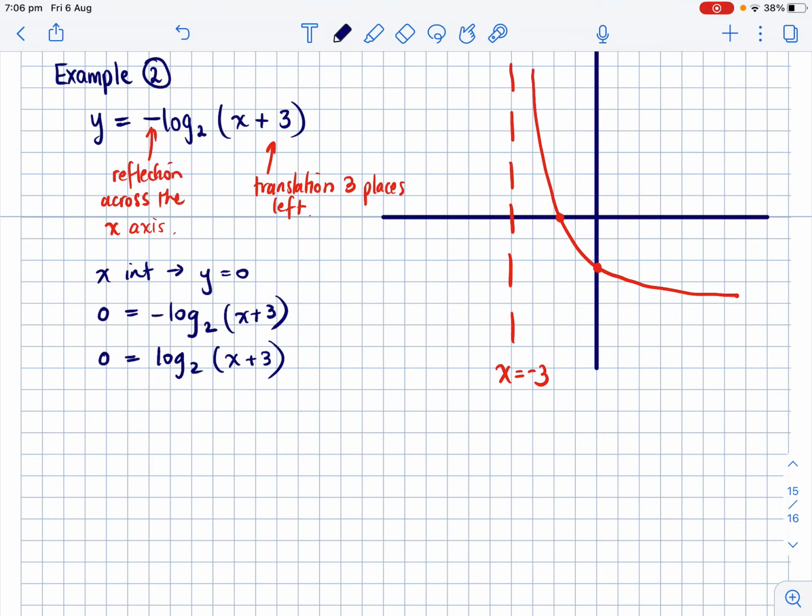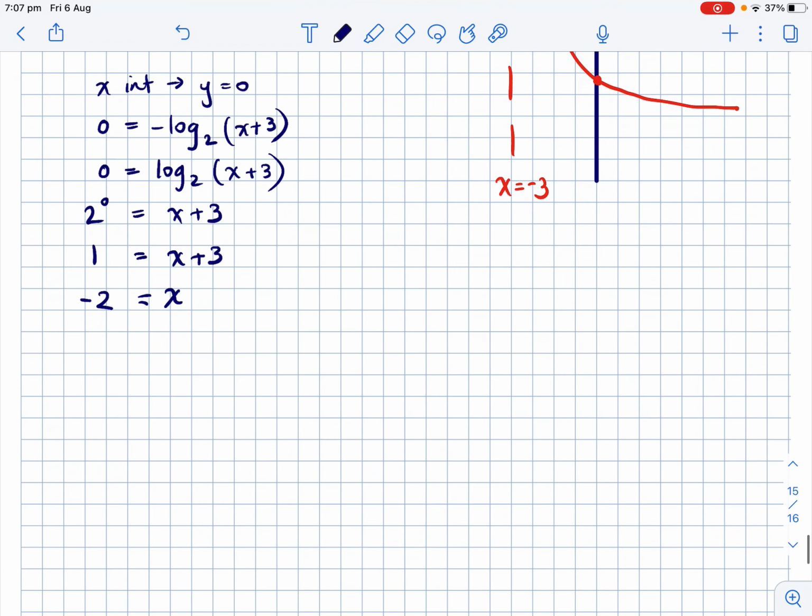Then I would undo this log by using an exponent. It becomes 2 to the power of 0 equals x plus 3. And 2 to the power of 0 is just 1. Subtract 3 from both sides and you get -2. So my x-intercept is when x equals -2, y equals 0, and I write that on the graph as a coordinate.